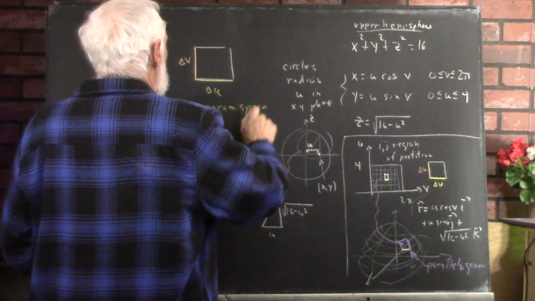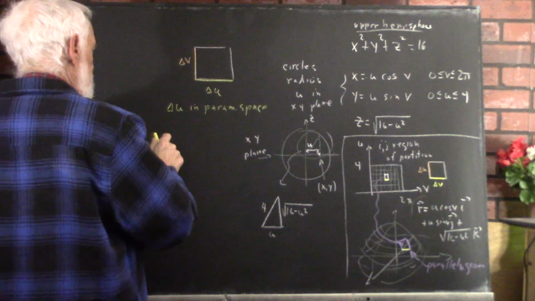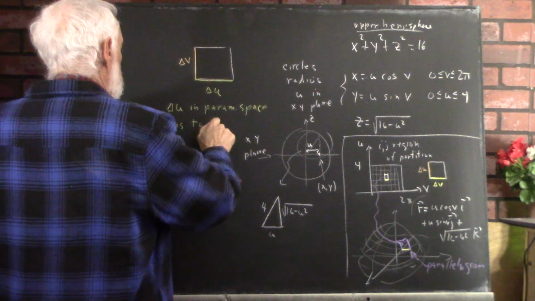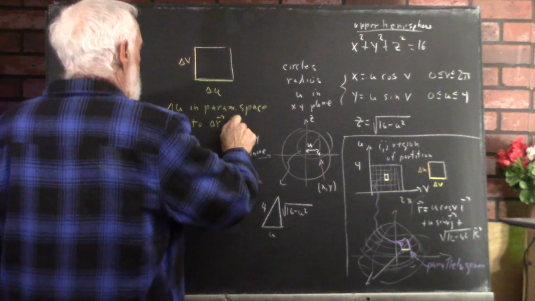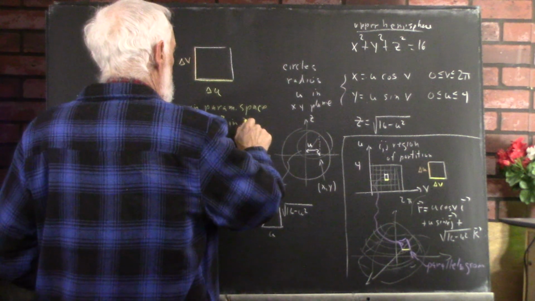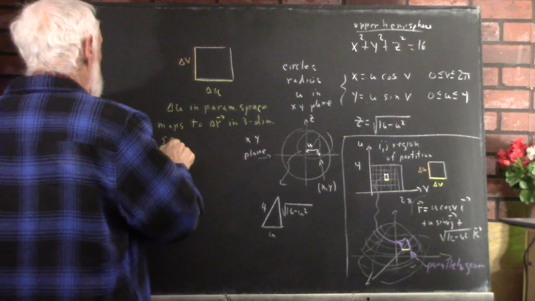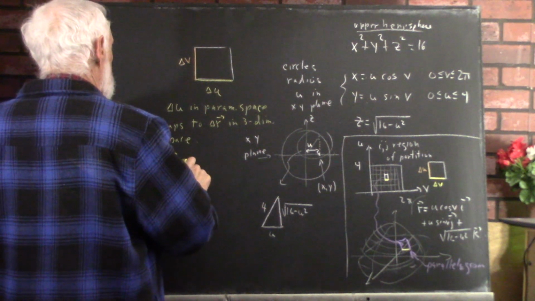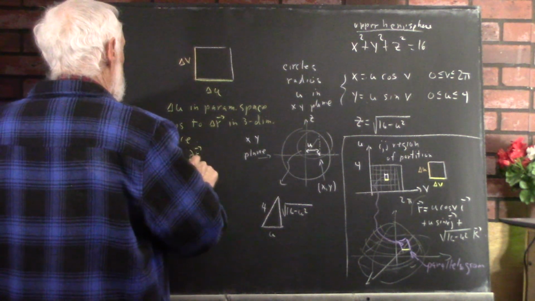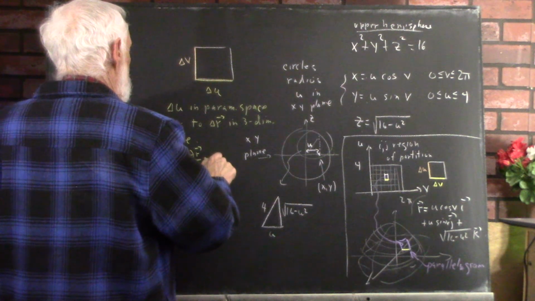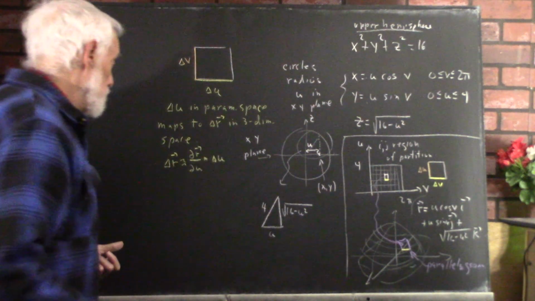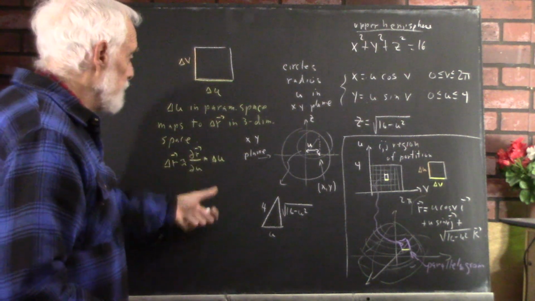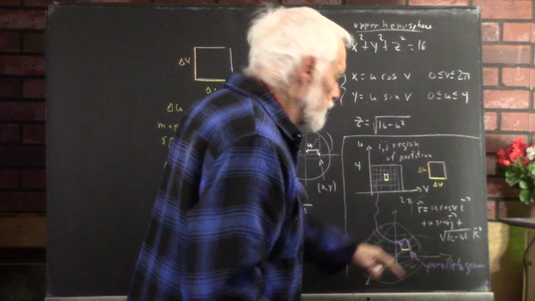Delta U in your parameter space maps to delta R in three-dimensional space, where delta R is approximately partial of R with respect to U times delta U. This will be a vector, and this vector is going to be this side.